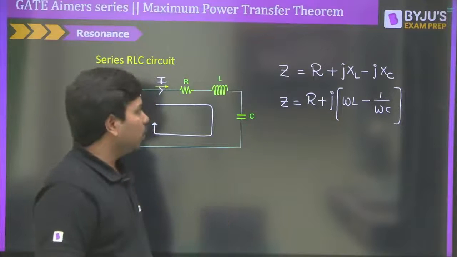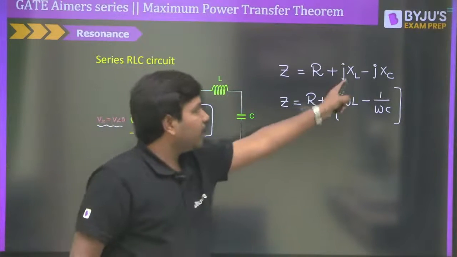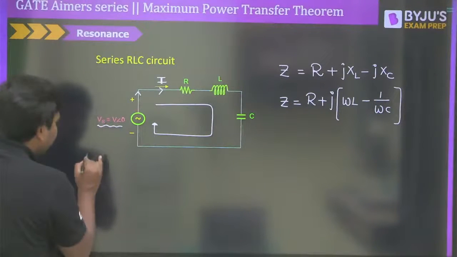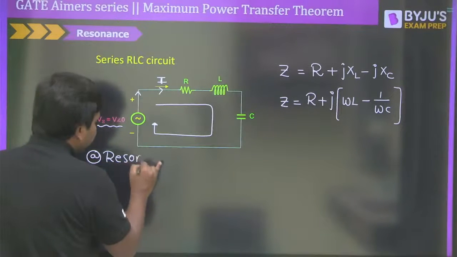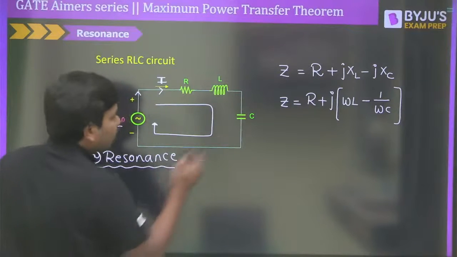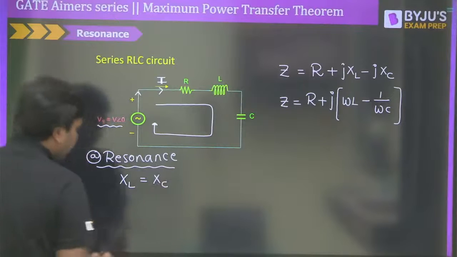Now what I told you, resonance can be attained when the reactance of the inductance and the capacitor both must be the same, right? So please try to see clearly, at resonance the reactance of the inductance and the reactance of the capacitor both will be the same.